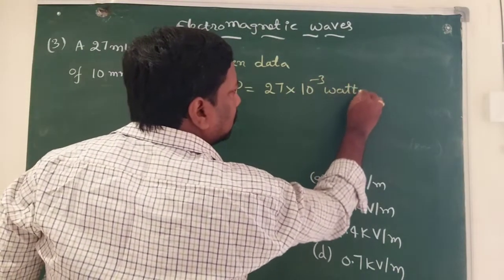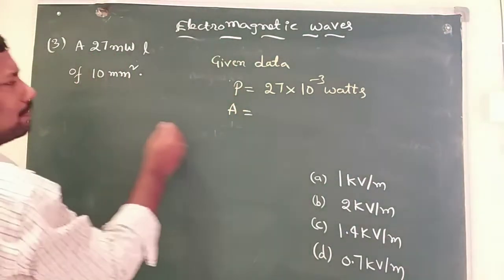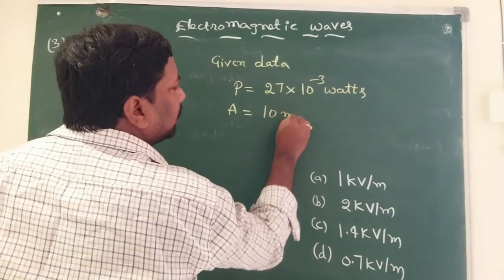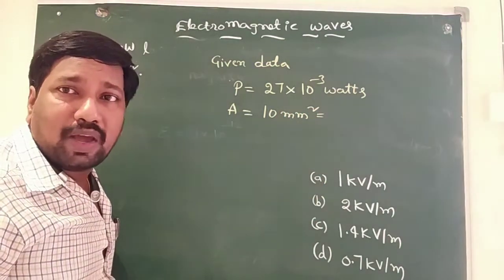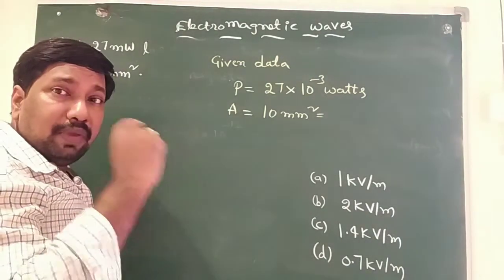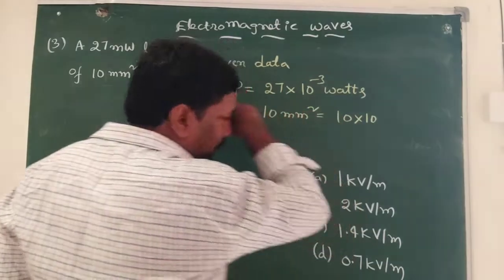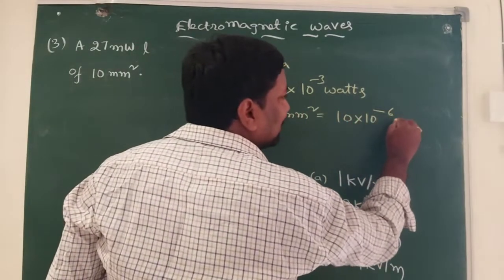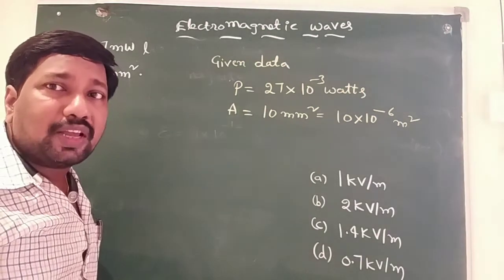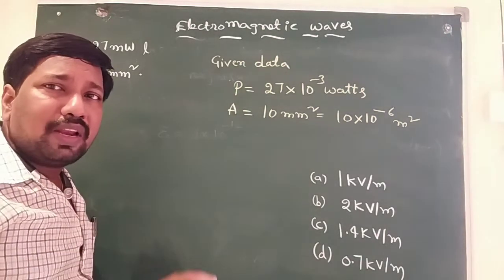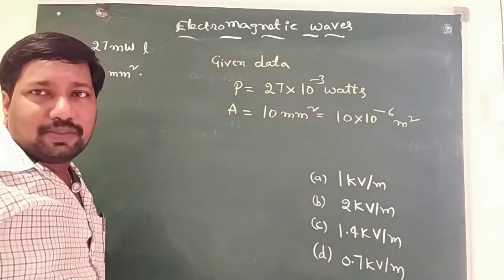Area of cross section A equals 10 millimeter square. 1 millimeter equals 10 power minus 3 meter, so 1 millimeter into 1 millimeter means 10 power minus 6 meter square.